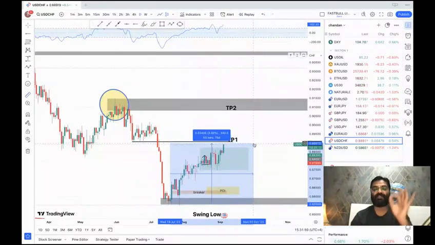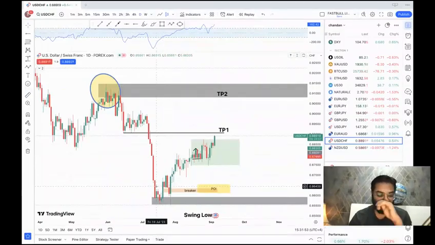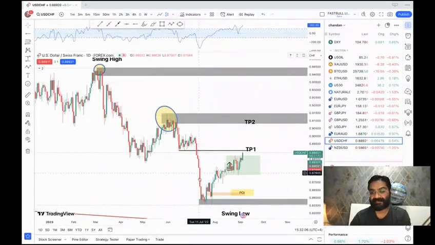To cover only 300 pips, it has taken more than 2.5 months, around 60, 75 days. That is not good. Price action should be smooth, like this, coming down.